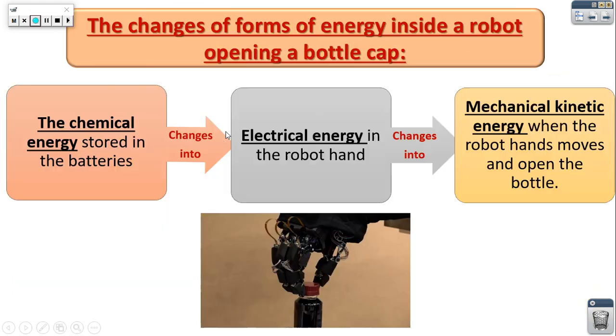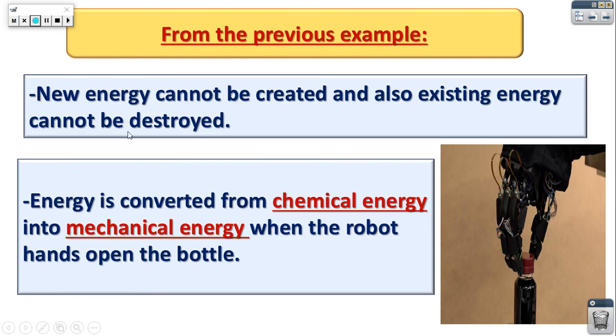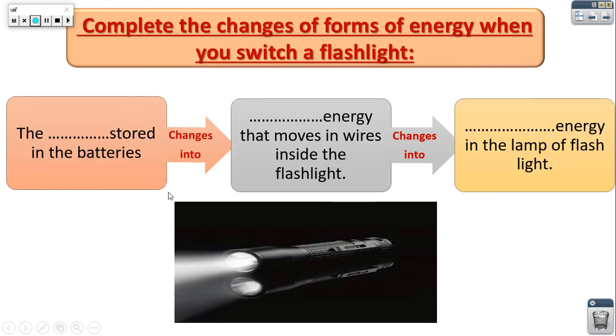Why? Because we don't create the energy here. It was stored in the battery as a chemical energy, and it changes from one form to another. Energy is converted from chemical energy to mechanical energy when the robot hand moves and opens the bottle.